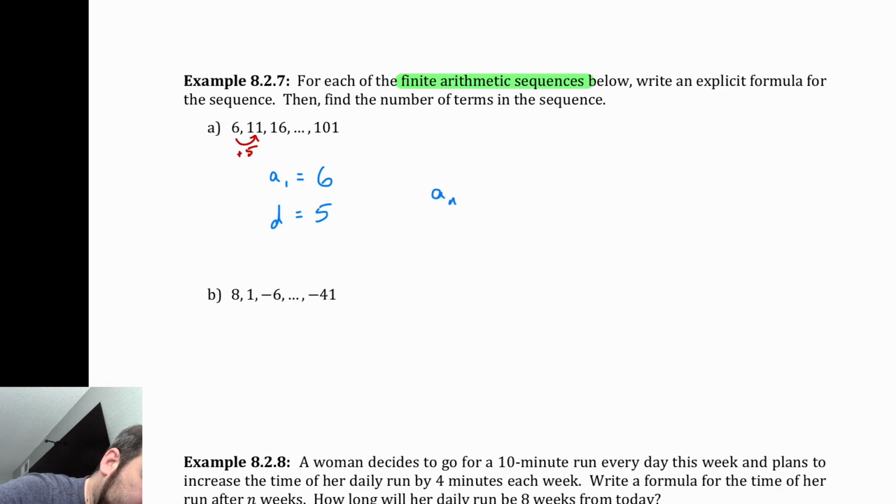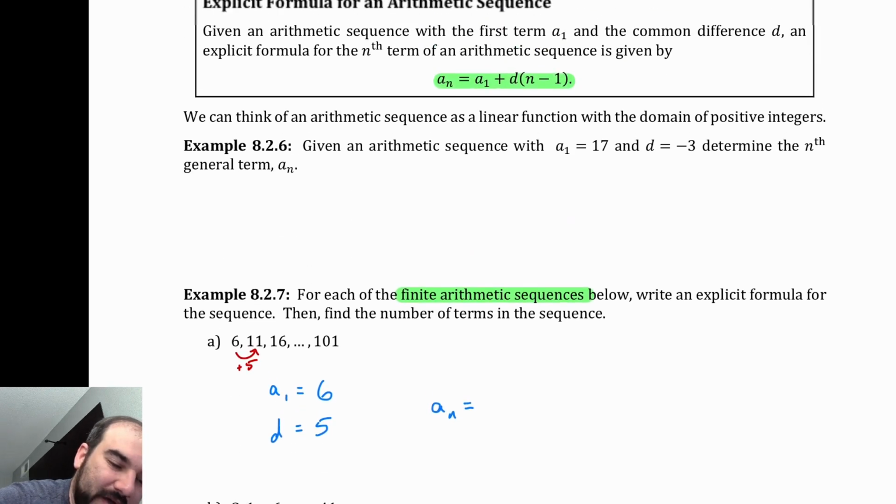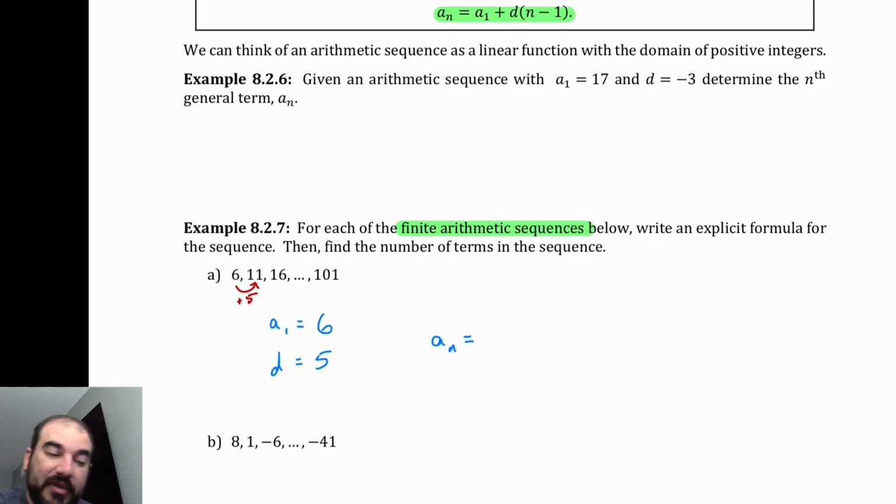And then we can write the formula for A sub n by just following the formula at the top of the page here, which will be the first term, which is 6, plus D, which is 5, times n minus 1.